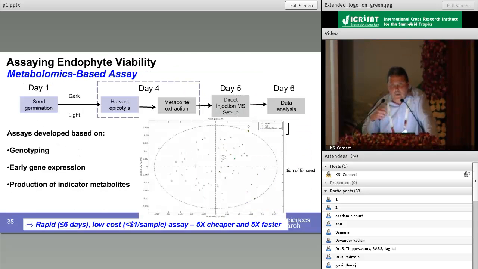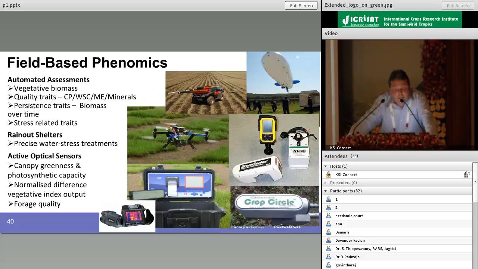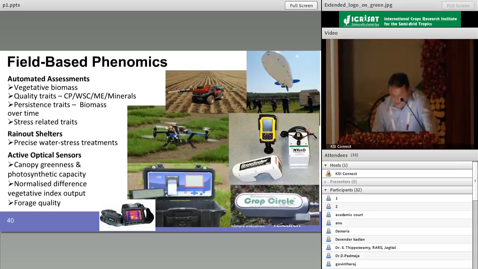And then looking at ways in which we can increase the accuracy and reduce the cost of phenotyping in a relevant manner, and so developing and applying capabilities in field-based phenomics. This allows us to do automated field-based phenotype generation, assessment for vegetative biomass, persistence traits, stress-related traits, with a diversity of optical sensors, deployed either with a Phenoblip, a Pheno rover, or a hexacopter.